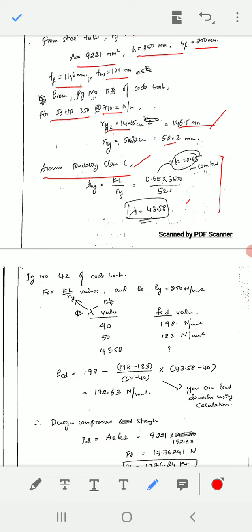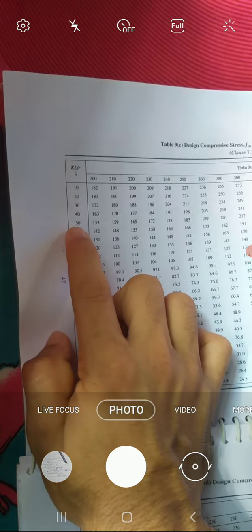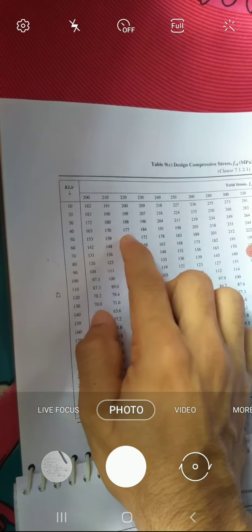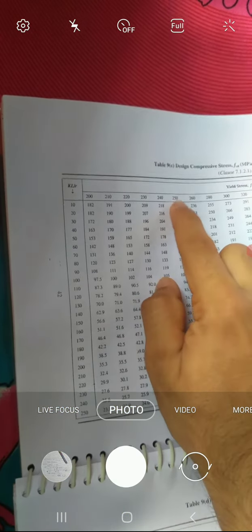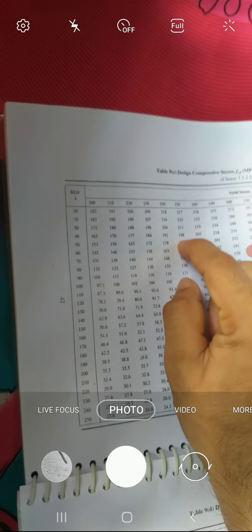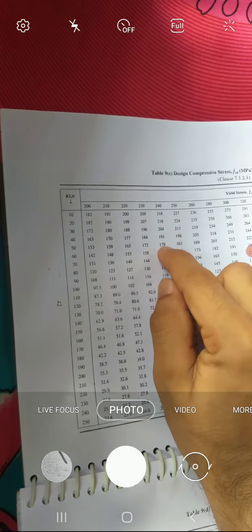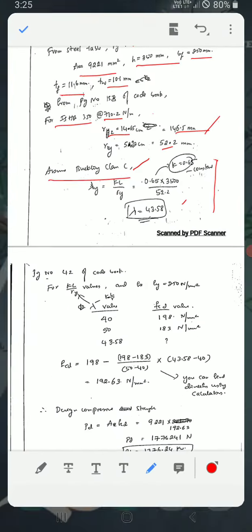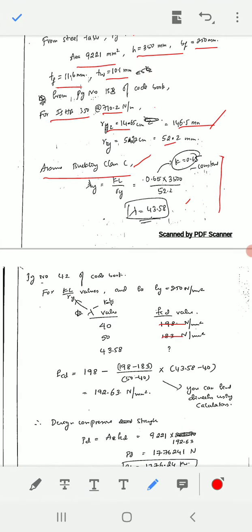In the table we have lambda values 40 and 50, so you have to take both. Corresponding to 250, for 40 it is 198 and for 50 it is 183, so those two are taken here, 198 and 183.